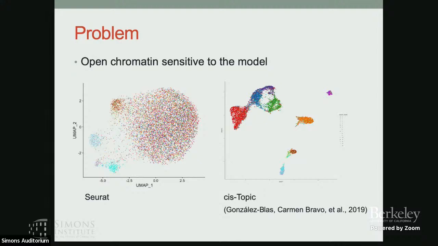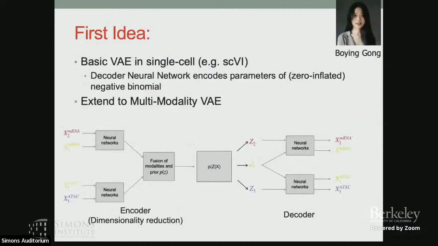This is a standard analysis in Seurat using their standard tools for chromatin, ATAC-seq, and a visualization of their reduced dimensionality, while another strategy that used a very different approach, cisTopic, got something that was much more well-defined in terms of its subtypes. So these kinds of problems made this strategy not work well for us.